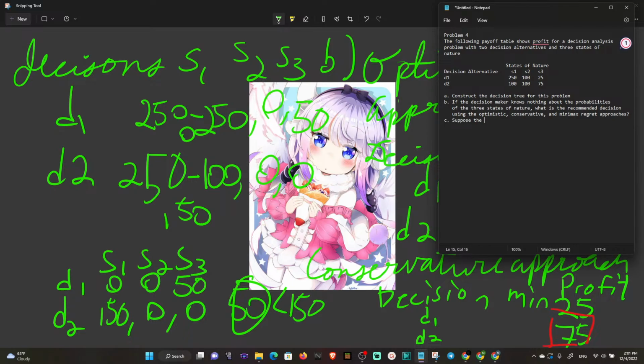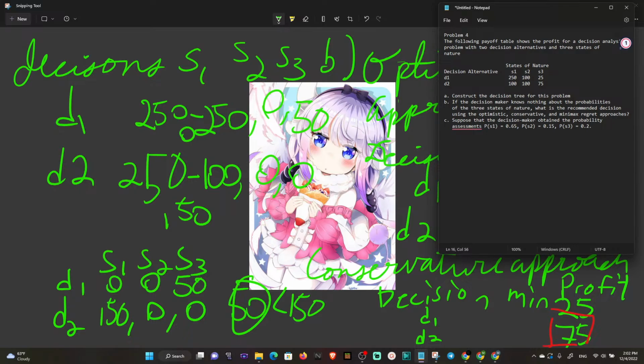Suppose that the decision-maker obtained the probability assessment: P of S1 is equal to 0.65, probability of S2 is equal to 0.15, and probability of S3 is equal to 0.2.